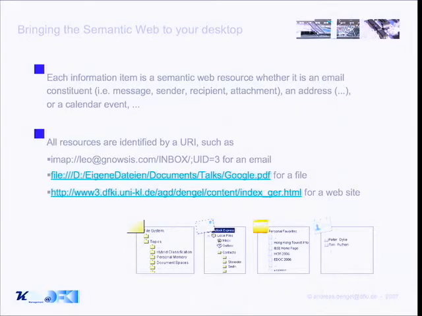And so we consider each piece of information as a kind of semantic web resource, whether it's a document of any kind, or the constituents of it, like a message, the sender, the recipient, an address, or even a calendar event. And all the resources are identified by URIs, whether they are in the file system or in Outlook or wherever. And as a result, we can generate something like a personal information model.